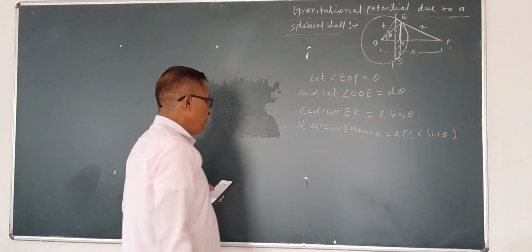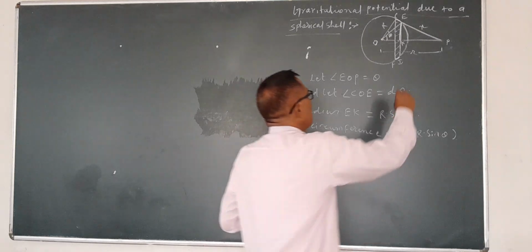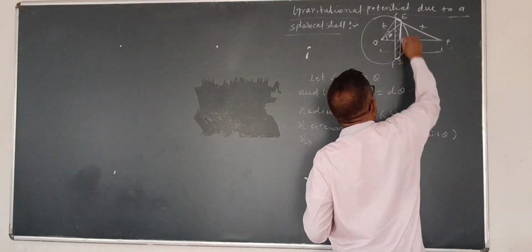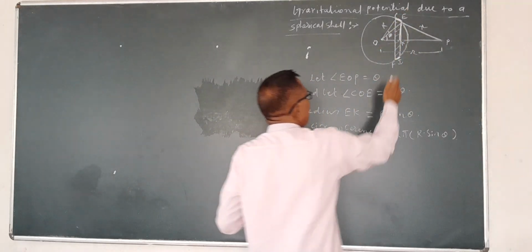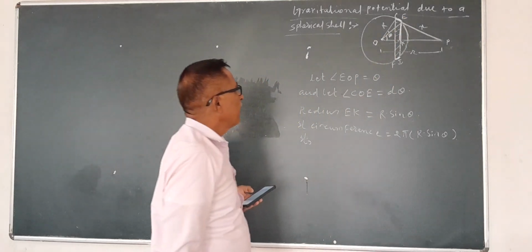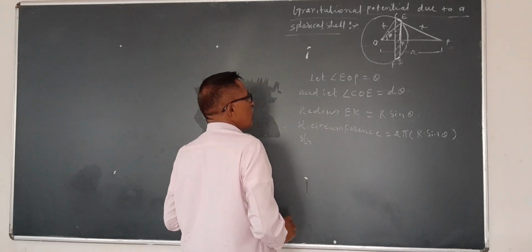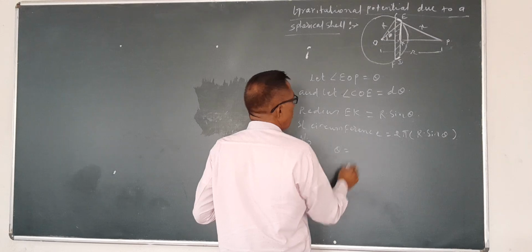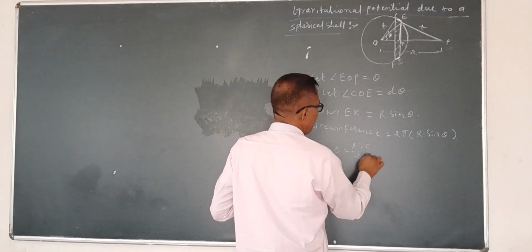Now, its width is this. This is the width of this slice, and we can calculate it by considering this small angle COE. This CE is an arc, and we use the formula theta equals arc upon radius.